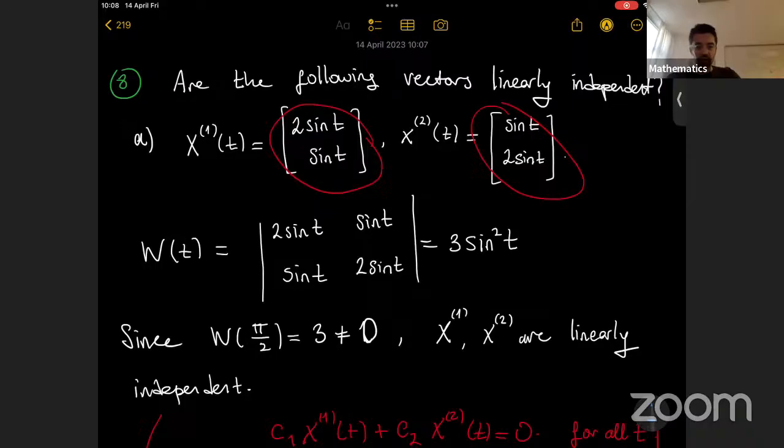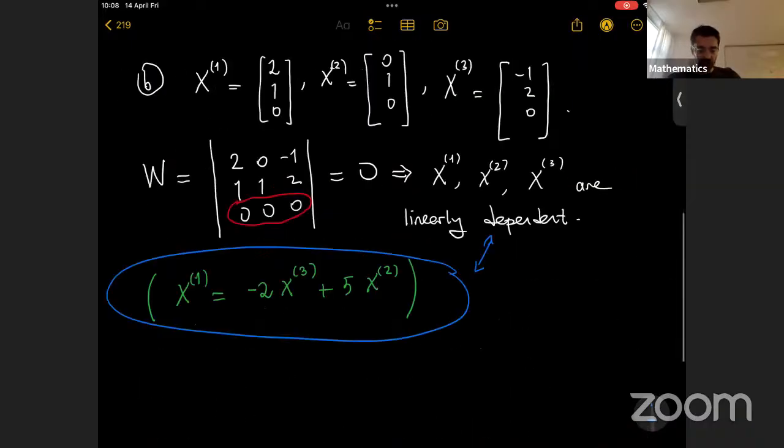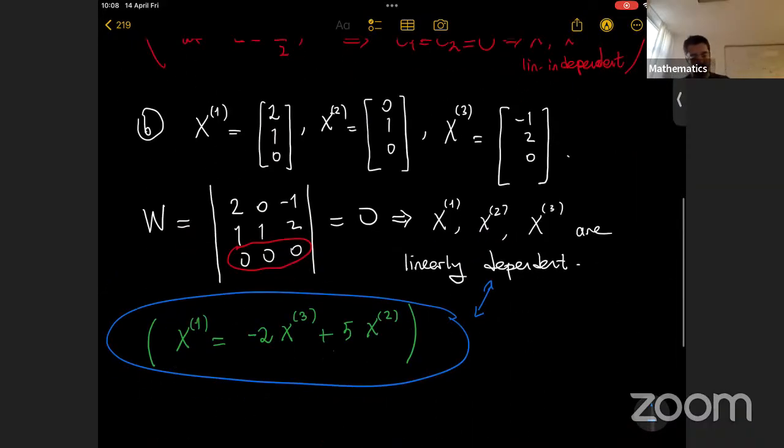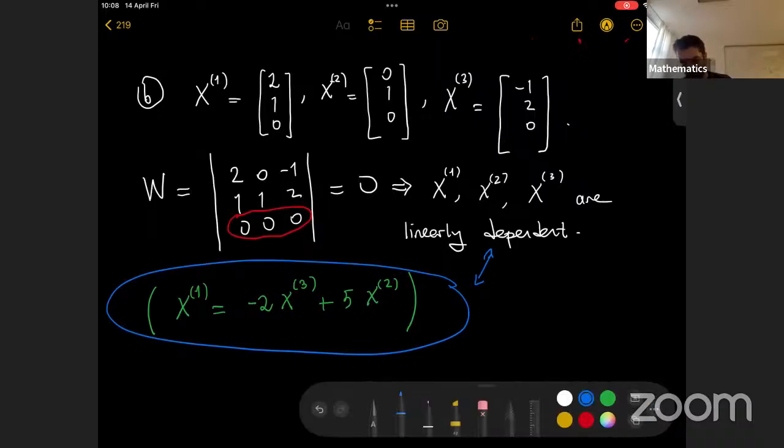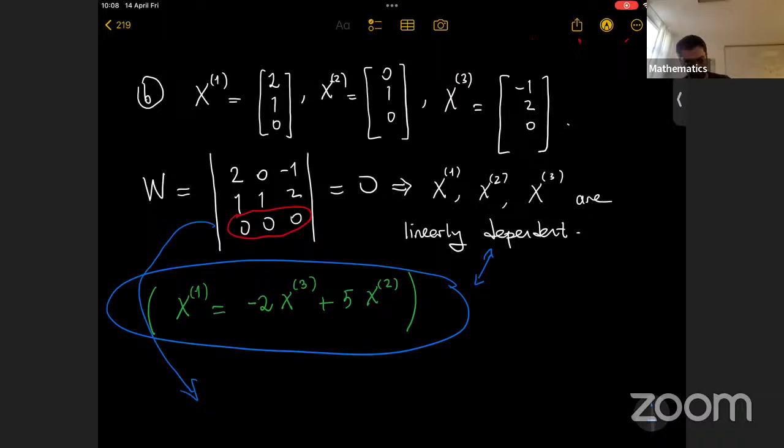Okay, there's one question. How do we get here 0 Wronskian? Well, this determinant, you can expand determinant with any row you want. Here, you can expand this, for instance, this is plus, minus, plus, okay? So 0 times the remaining matrix, 0, minus 1, 1, 2. You don't need to write this because 0 times something is 0, okay?